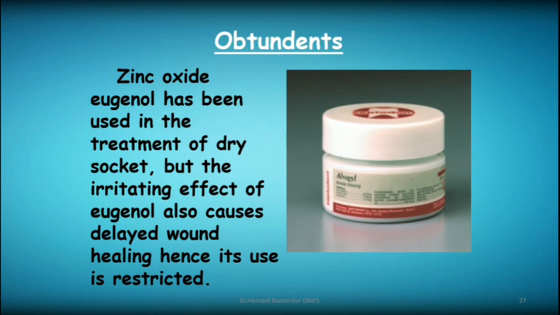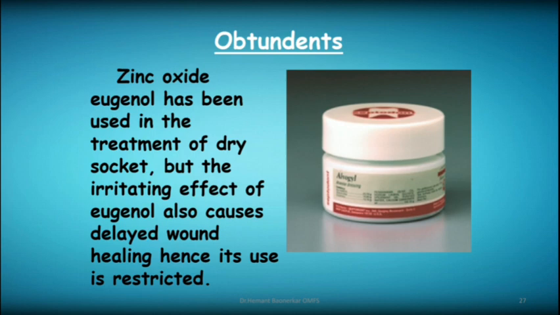Then, as I said earlier, some obtundent like zinc oxide eugenol paste is also useful in the treatment of dry socket. But I do not generally advise it, because zinc oxide eugenol placed inside the socket can avoid primary healing and lead to secondary healing, and it delays dry socket healing.